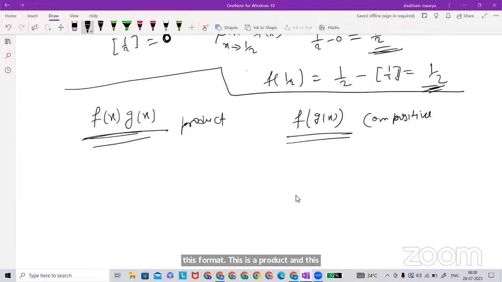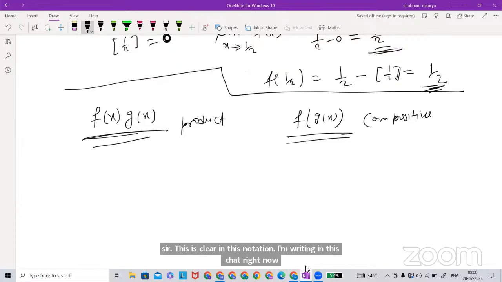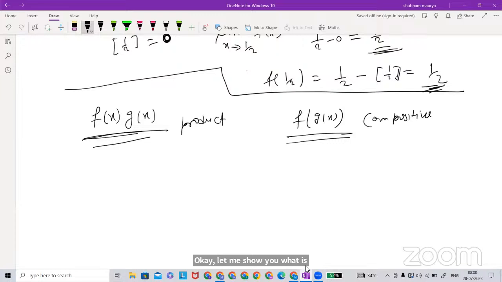Yes, sir. This is clear in the notation that I'm writing in the chat right now. Okay, let me see what that is. So this is also a composition? No, whatever you are writing is actually a composition.